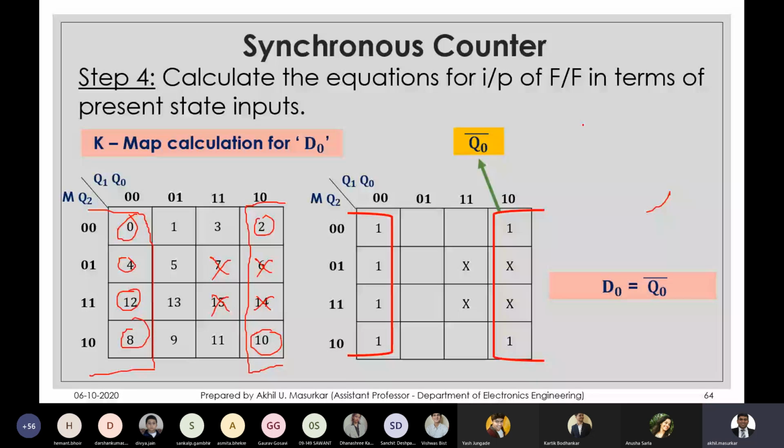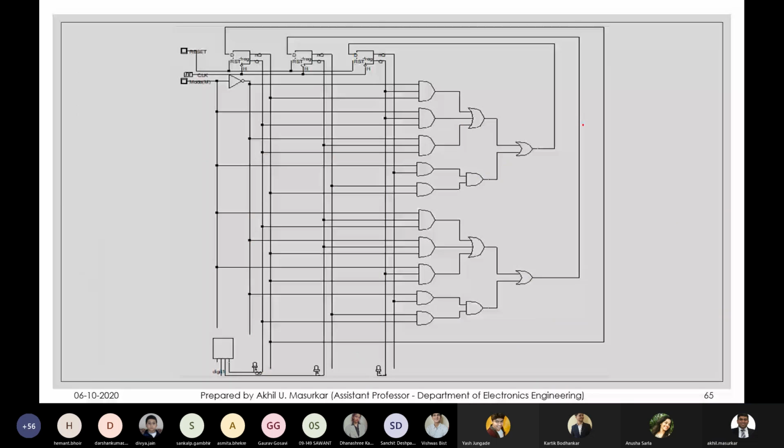Okay, let's see the circuit. You can now see these 3 flip-flops are all in place. Now there is one additional terminal, that is mode.